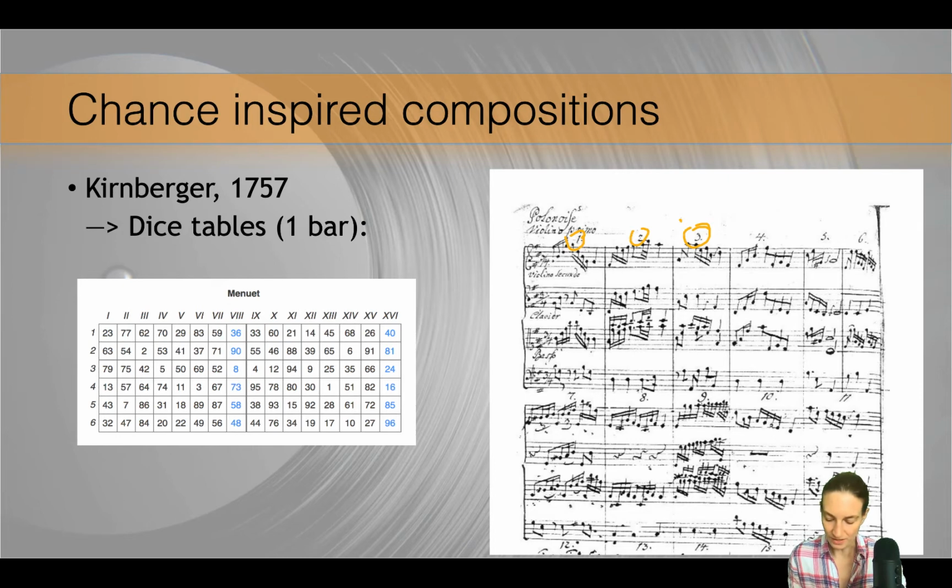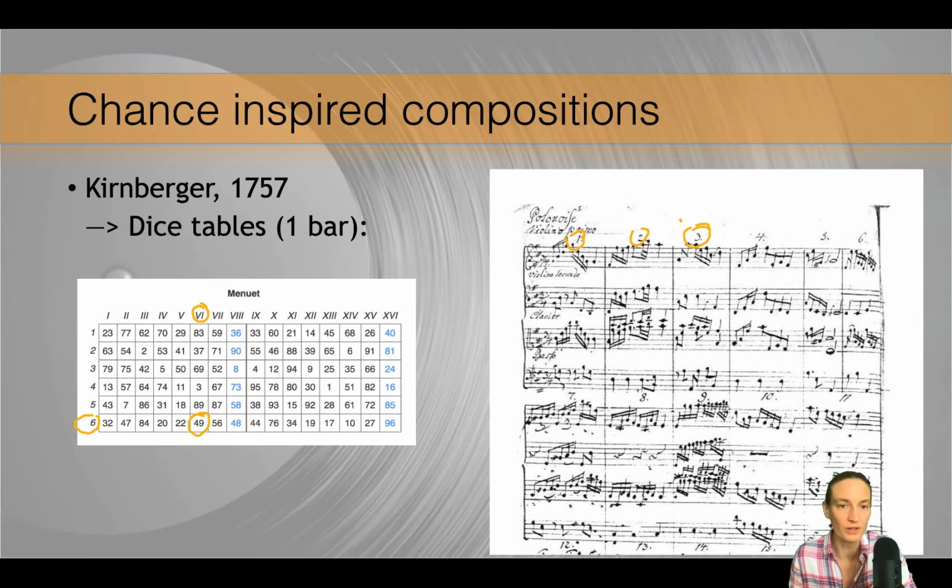So one of the transition matrices can be as follows. If you roll a 6 and you're currently at bar 6, let's say, then you play bar 49. Okay. So that's a possible way how it can work.